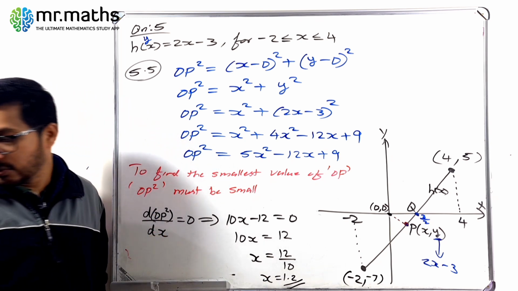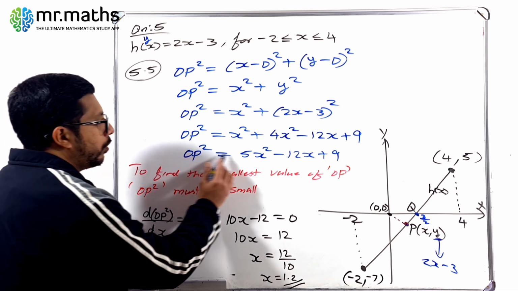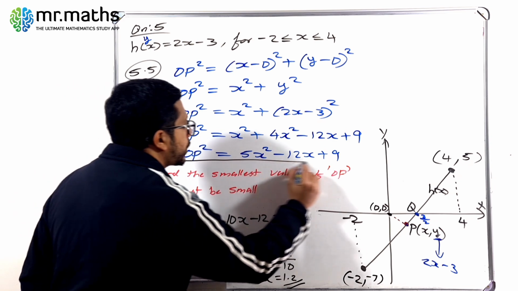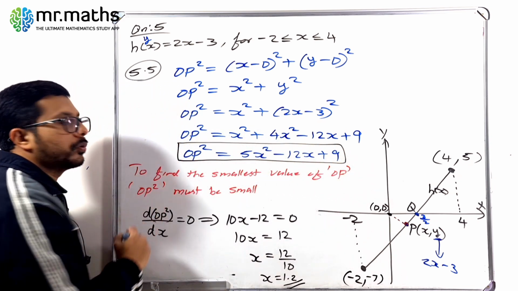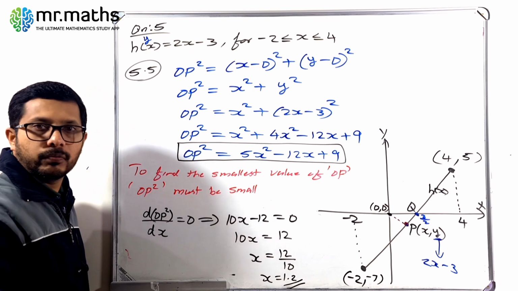So now what is the question? We have to find the smallest value. Am I right? Okay, we have to find the smallest value of OP. So this is the expression for OP square. To get the smallest value, what is the value of x? 1.2.